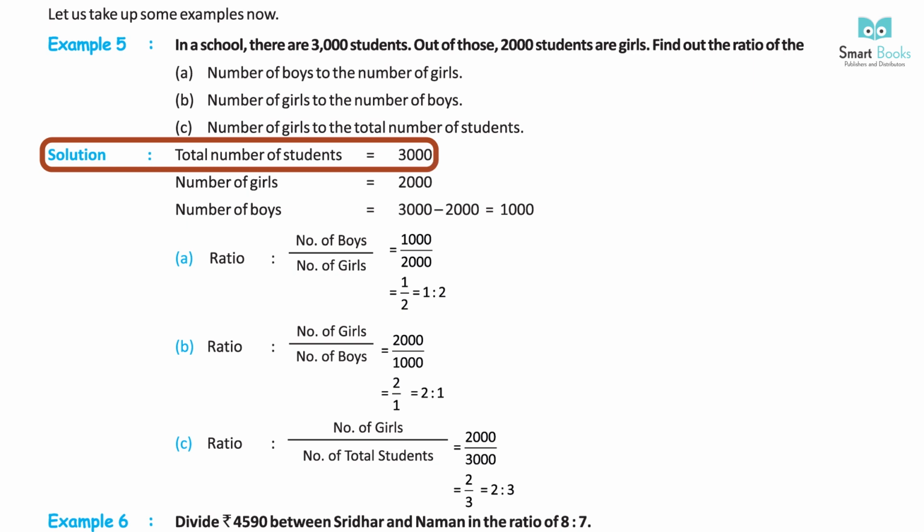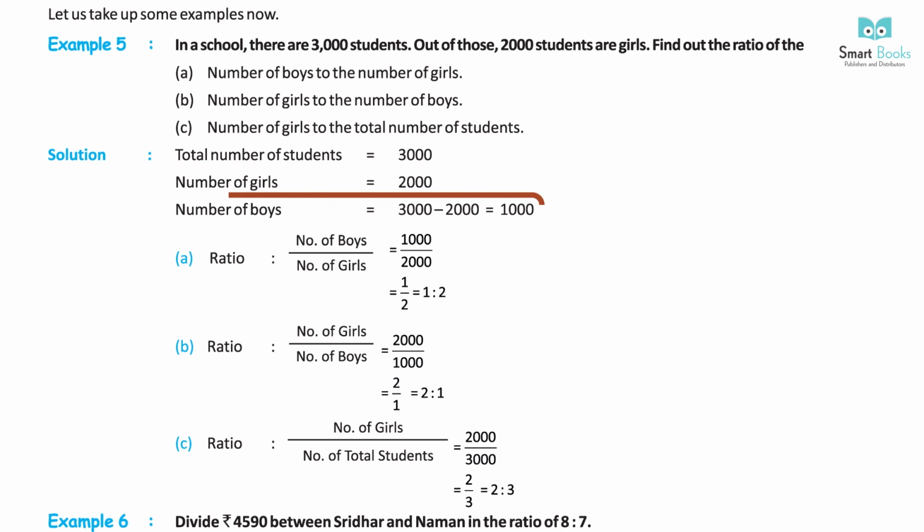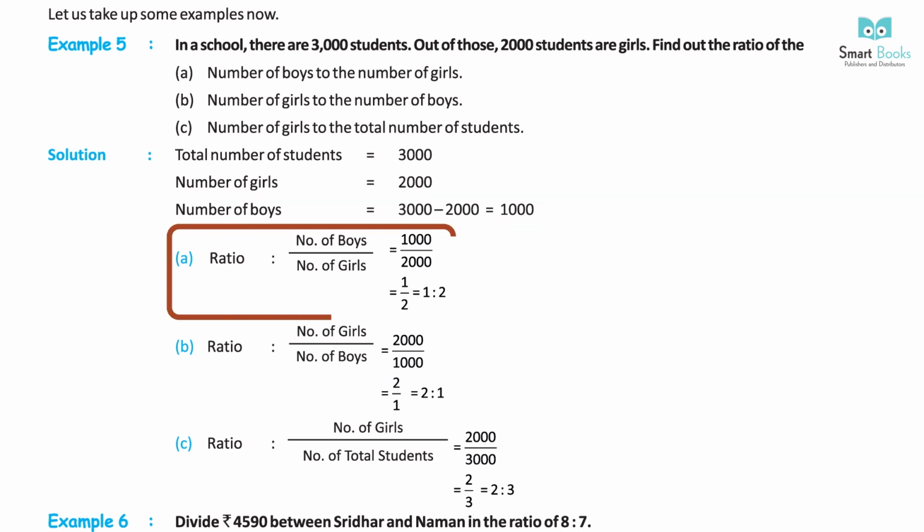Solution. Total number of students equals 3,000. Number of girls equals 2,000. Number of boys equals 3,000 minus 2,000, equals 1,000. A. Ratio, number of boys upon number of girls equals 1,000 upon 2,000, equals 1 upon 2, equals 1:2.